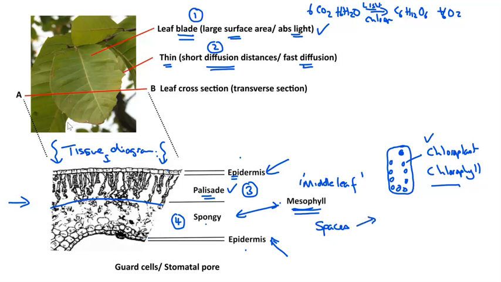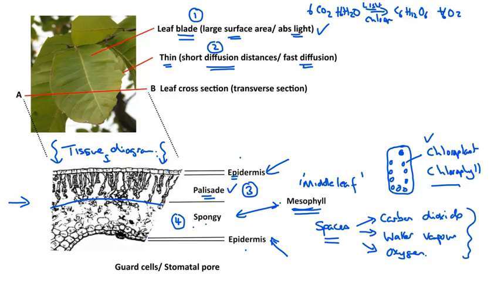And the gases which are diffusing are carbon dioxide, water vapor, and oxygen. So that's our fourth feature, is that the thinness of the spongy mesophyll and the spaces it creates allows for the rapid diffusion of these three gases.